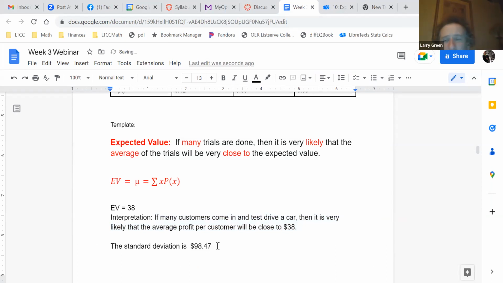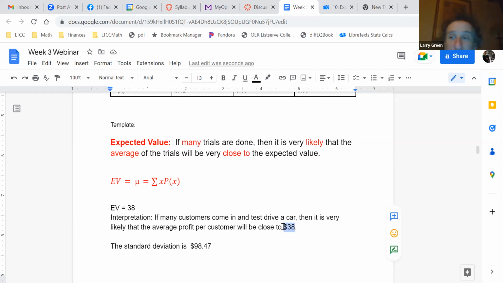By the way, is that a big number or a small number, especially considering the average profit? What do you think? Big or small? Is it a big standard deviation or a small standard deviation? Big. Yeah, this is a big standard deviation. It's much bigger than the average. So what that tells you is, first thing, the customer is getting an average profit close to $38.